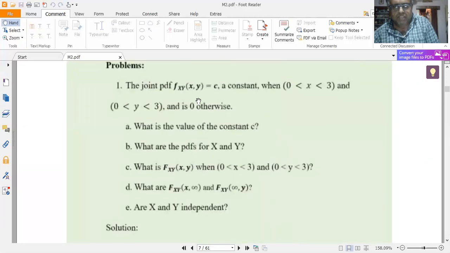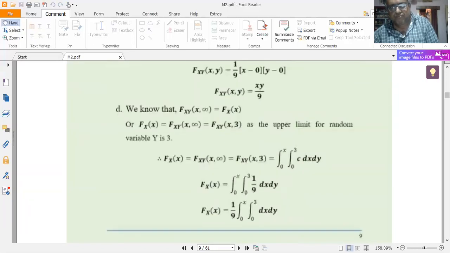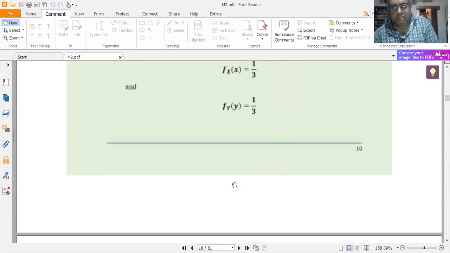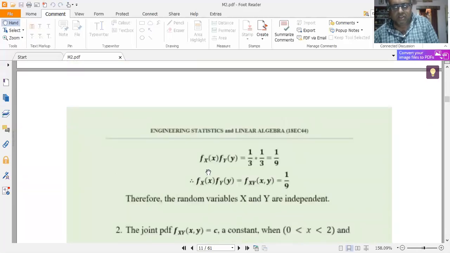fxy of x comma y is also equal to 1 by 9 for 0 less than x less than 3 and 0 less than y less than 3. So that's why fx of x into fy of y is also equal to 1 by 9. Similarly, fxy of x comma y, that is the joint PDF, is also equal to 1 by 9.